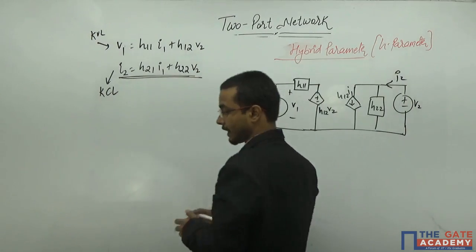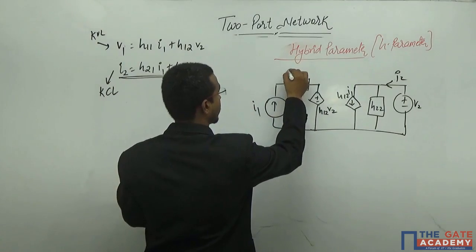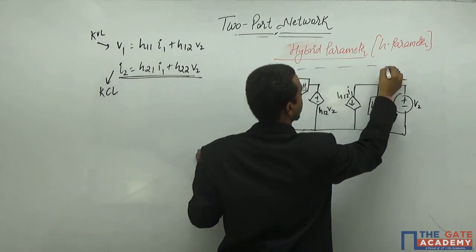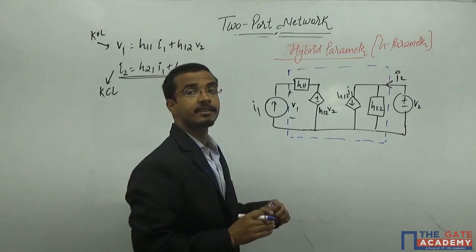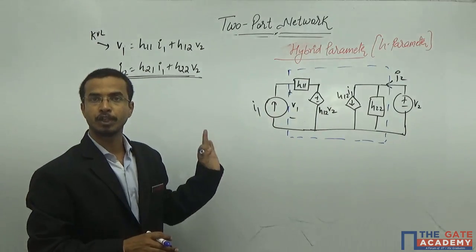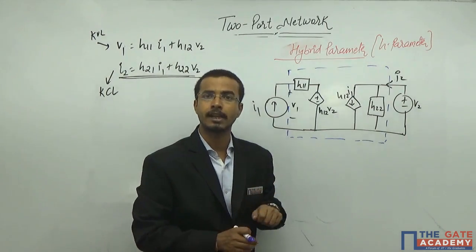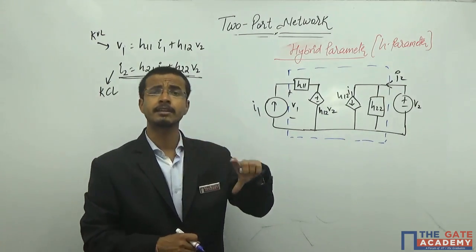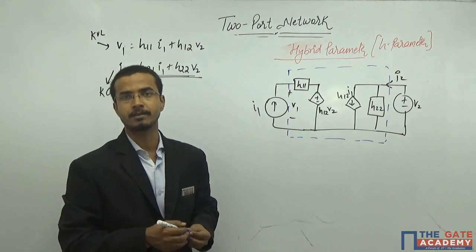That means this particular network is the equivalent H parameter, and this is so important from the analog electronics point of view. If you want to learn any small signal analysis in any transistor, you should know what the H parameter equivalent is. Otherwise you will face problems there.